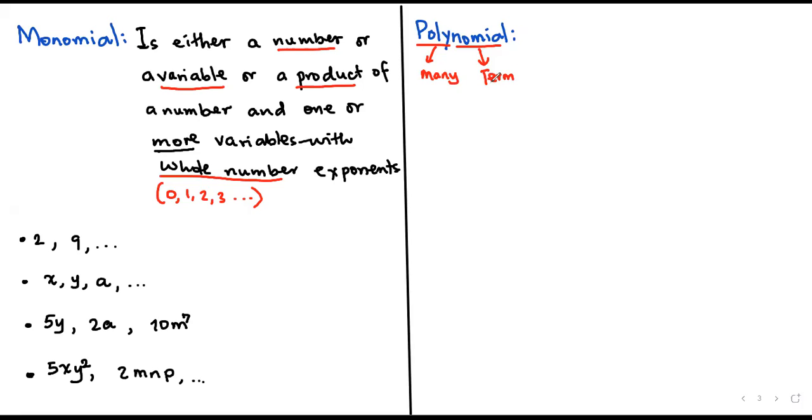So let's understand then what are some of the properties of the polynomial. We get a polynomial when we put together monomials using addition.